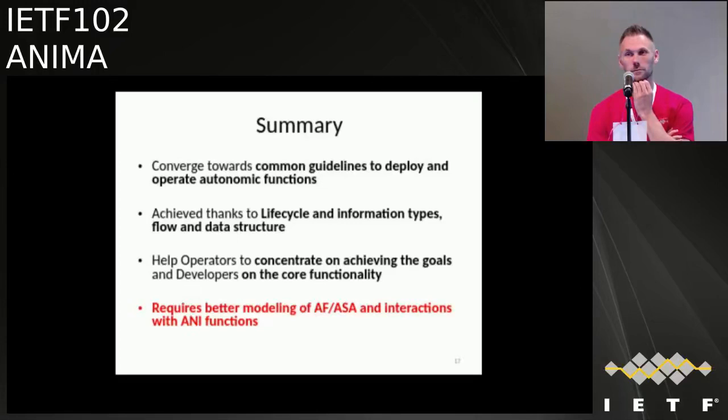But finally, this process will be successful if a large number of autonomic functions, or autonomic network service functions, can be put in this place. Not 3, not 5.